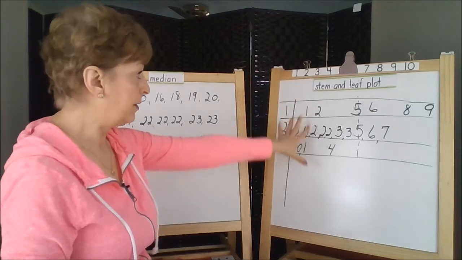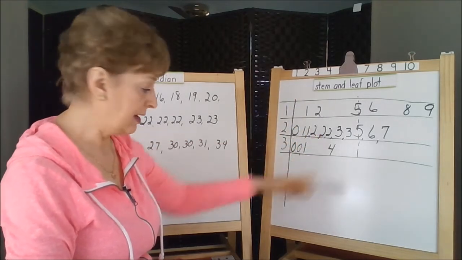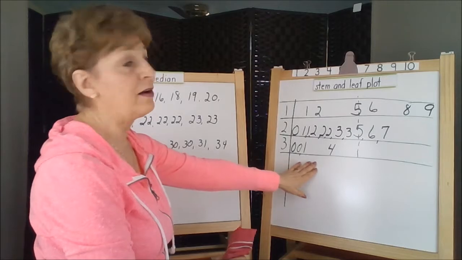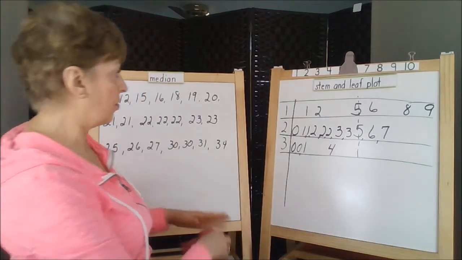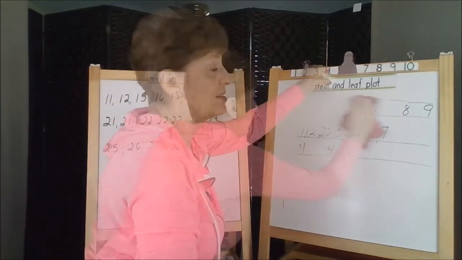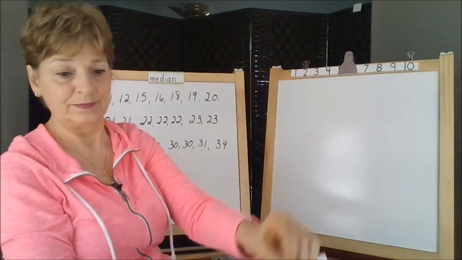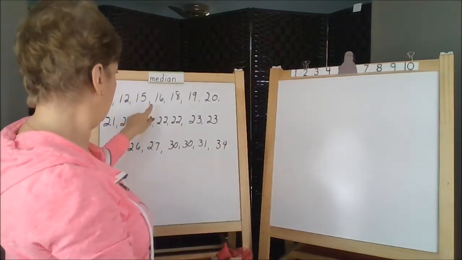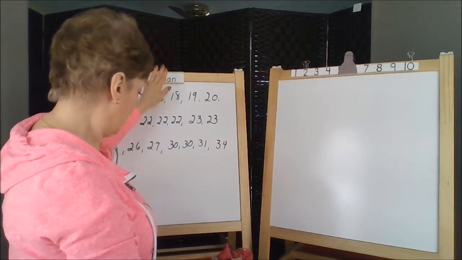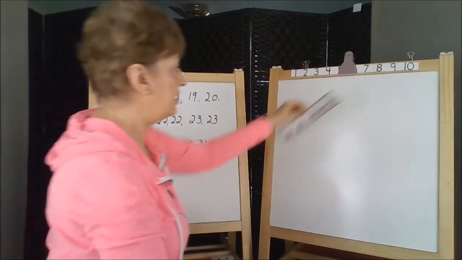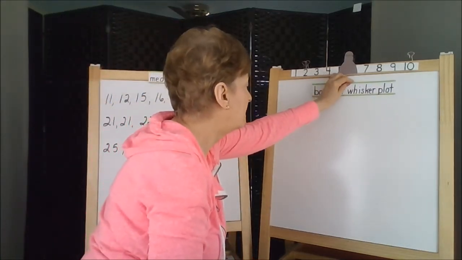So we don't need our stem and leaf plot anymore because our numbers are now finally organized and in order. So we're all done with our stem and leaf plot. Now we're going to actually start to do our box and whisker.